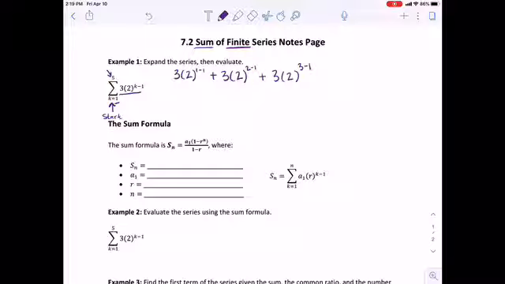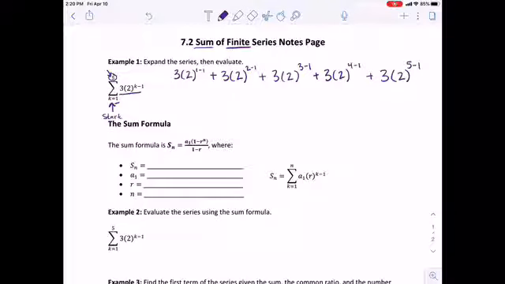Notice how I'm just counting, and I'm going to keep going until I get to this number they told me, which was 5. So 3 times 2 to the 4 minus 1 power, plus 3 times 2 to the 5 minus 1 power. So here's my series all written out, but now I'm going to go ahead and simplify this.